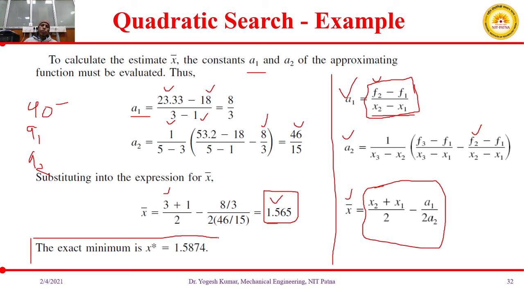For clarity, I have written the exact value, which has been calculated using another method. The exact value for minimization of the function is x star equal to 1.5874. So you can see the difference: the value is nearly the same as the exact minimum value.